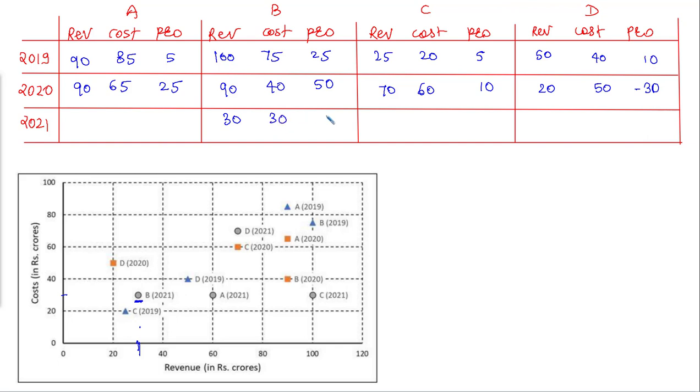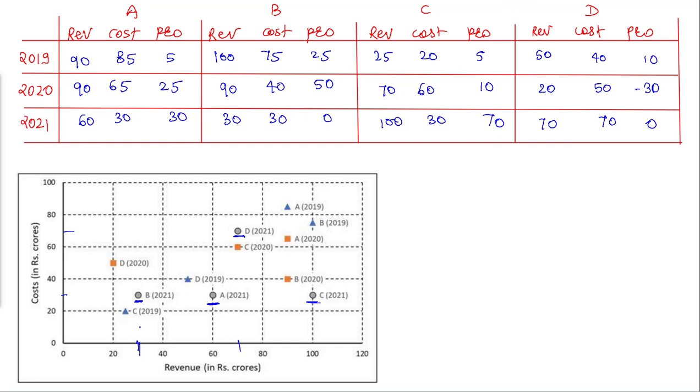The profit is 0. For company C, it is 130. The profit is 70. For company A, it is 60 and 30. The profit is 30. And for company D, it is 70 and 70, so the profit is 0 over here.